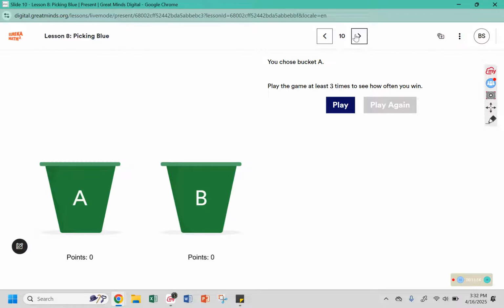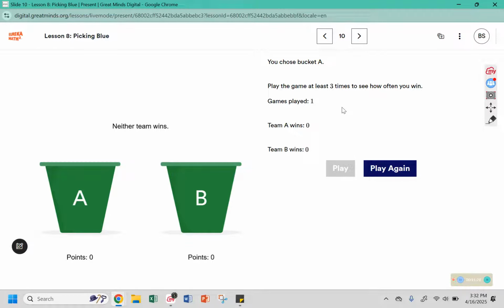You chose bucket A. Play the game at least 3 times to see how often you win. So in that one we tied. And in that one we tied.